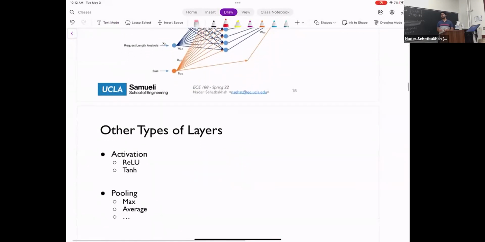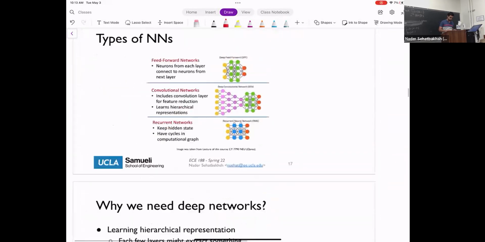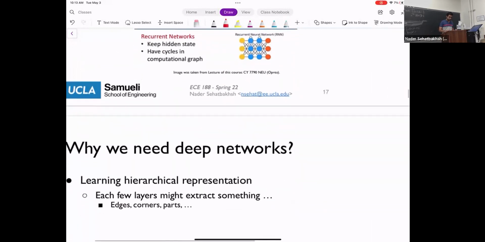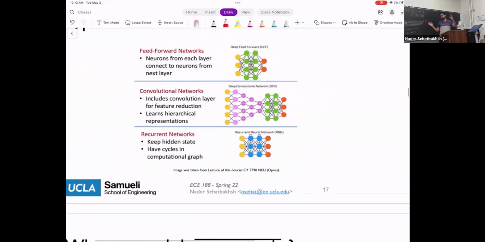Specifically, deep neural networks are what people are looking at these days. There are three different types: feed-forward networks, convolutional neural networks, and recurrent neural networks, or RNNs.